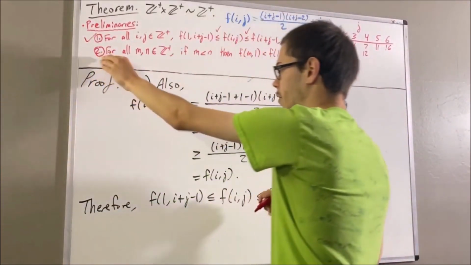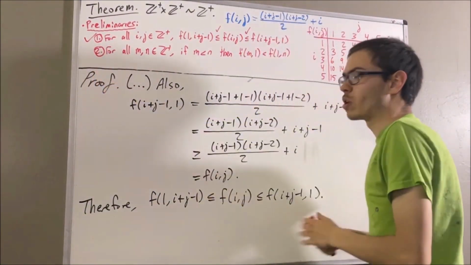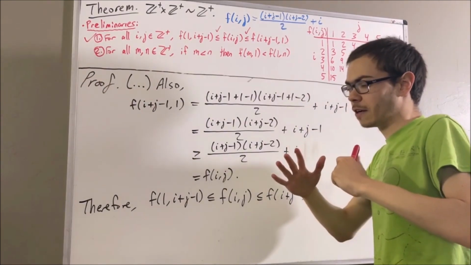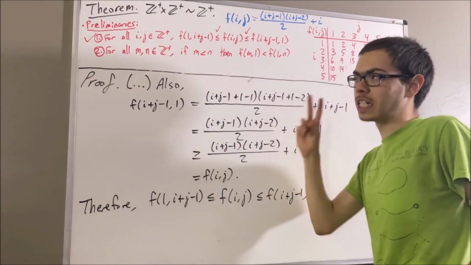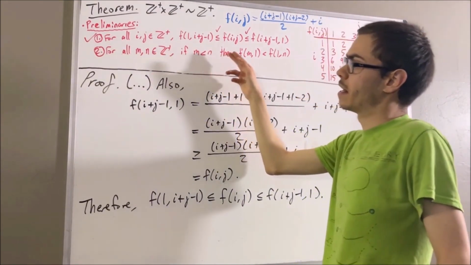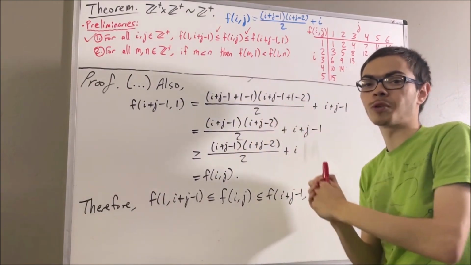Now we want to prove the second one. But before we prove the second one, we have another claim that we're going to prove. That was good, right? And that is, for every two positive integers, m and n, if m is less than n, then m squared plus n is less than or equal to n squared minus n.